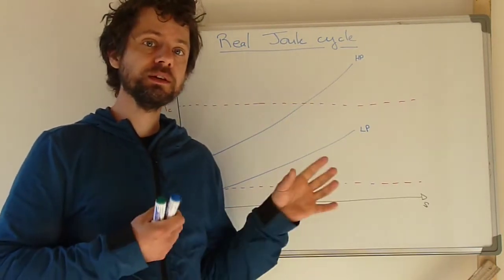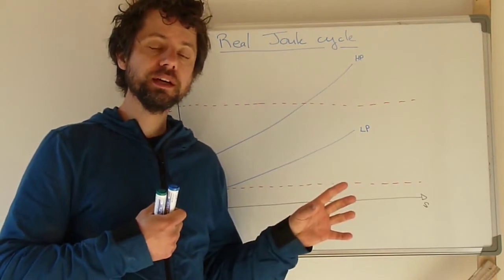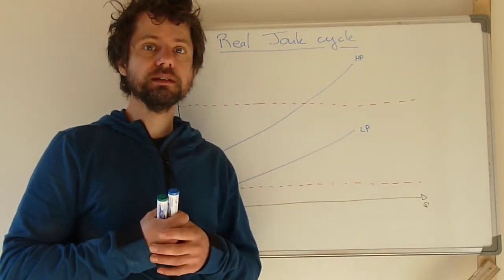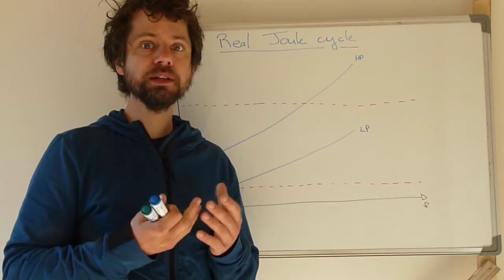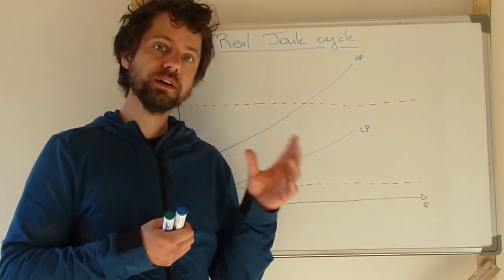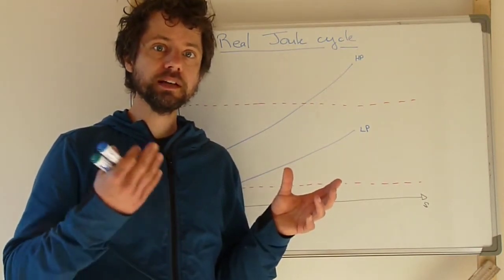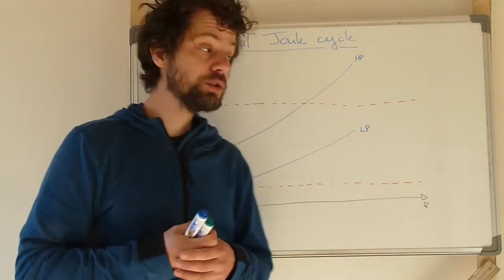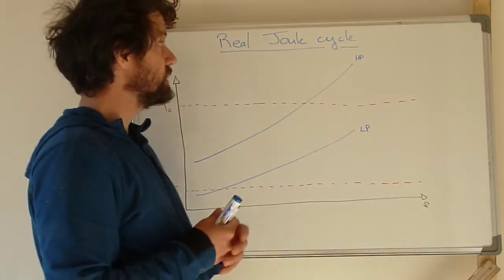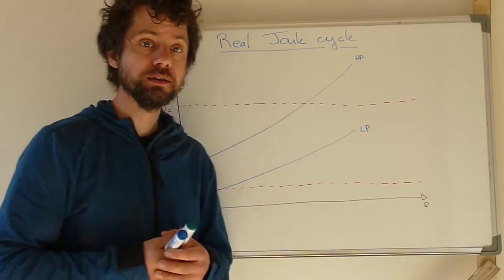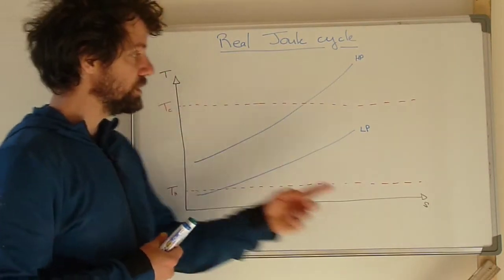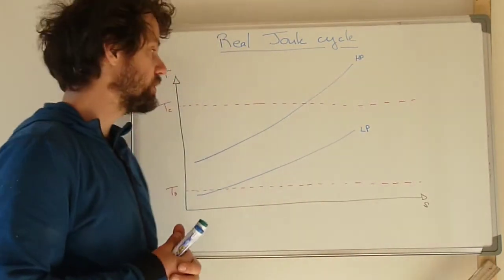So because there's no entropy transfer but there is entropy creation, there will be an entropy increase during compression and expansion. Let's try to plot this real Joule cycle on a TS, temperature and specific entropy diagram.